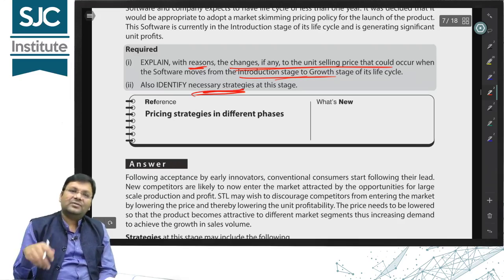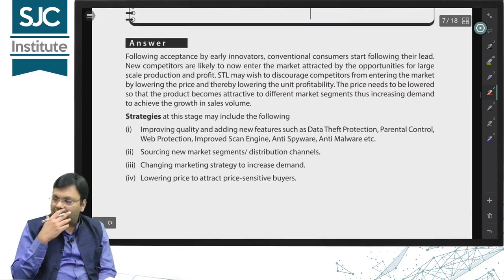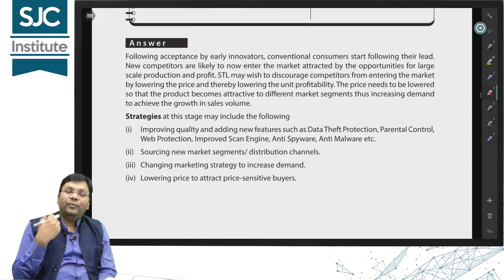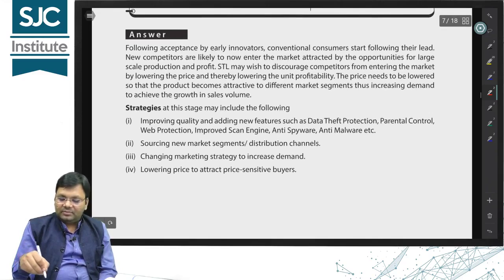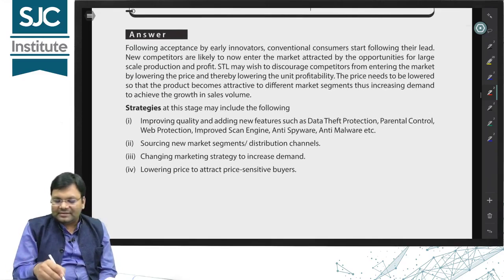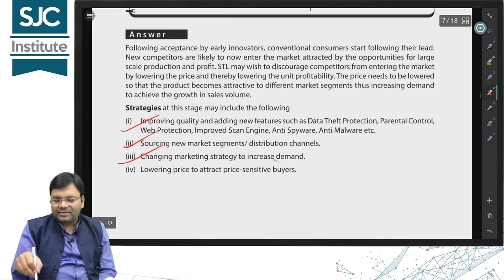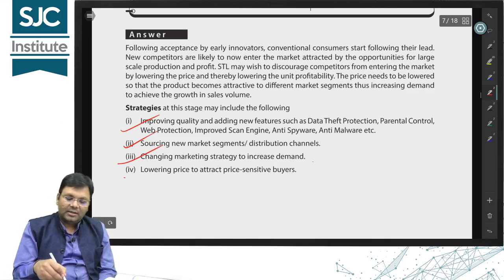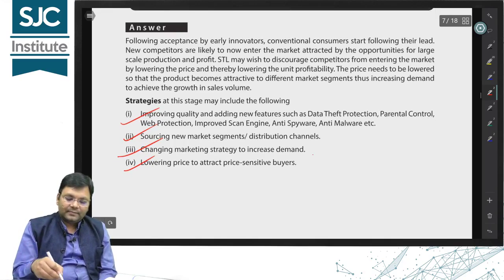So growth stage has got different strategies, if you can recall. One strategy is strengthen the supply chain, second is value based pricing, third is maintain customer satisfaction and quality. So you will see sourcing new channels, improving quality, changing marketing strategy to increase demand, lowering price to attract price sensitive buyers.